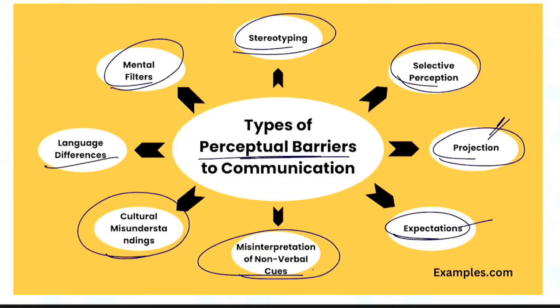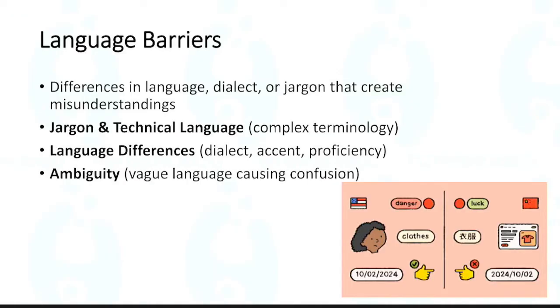Then language differences, which we'll deal with in the next one. Language barriers are a major one affecting communication. If the person is not thorough in a certain language, then communication in that language becomes difficult. Not only the language, even the dialect. Even in India, the language differs from region to region within a state itself. For example, take Kerala.